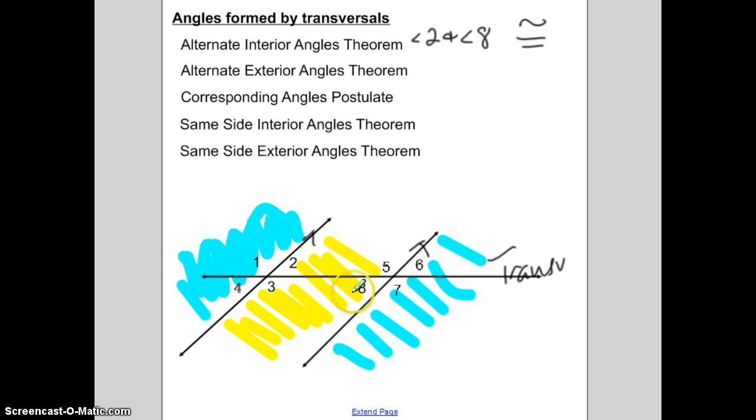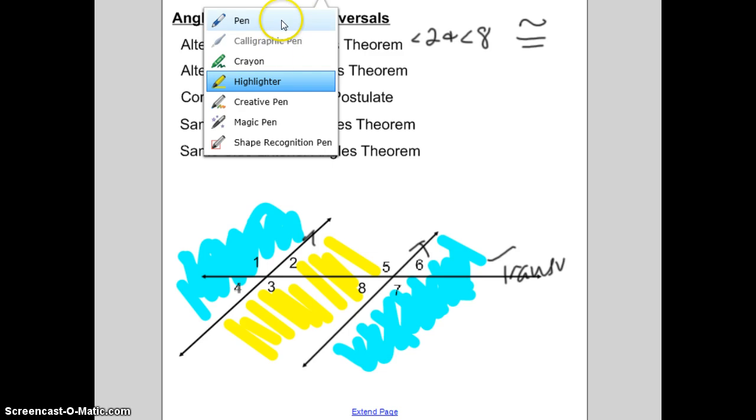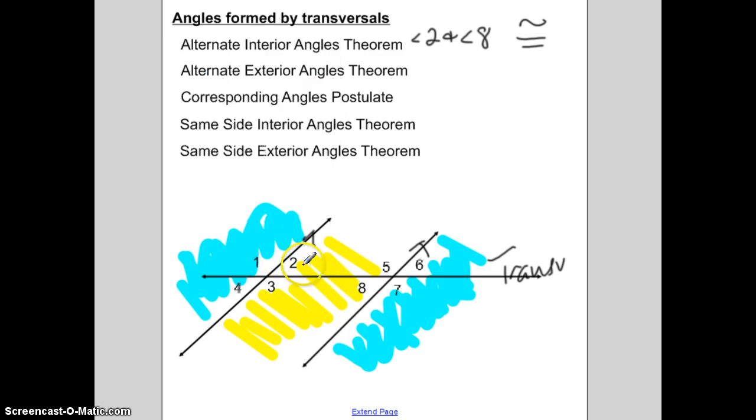And all that's exterior, all that's interior, all that's exterior. So when we're talking about alternate interior, 2 and 8, they're congruent, or 3 and 5. Alternate exterior, 1 and 7, they are also congruent. You could also have 4 and 6.